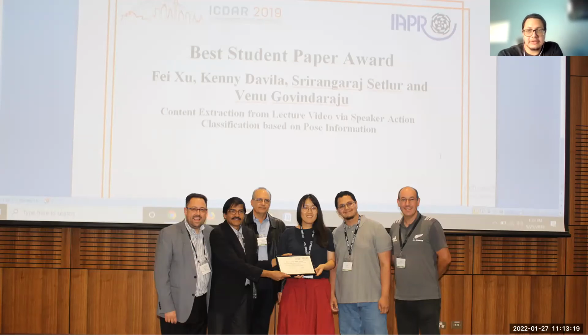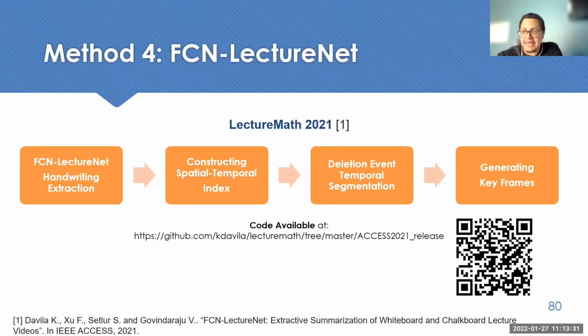So, I mean, it's good, but like I mentioned, the problem is if the speaker is not deleting or even writing stuff on the image, then it can get troublesome. So that's how our last approach came to be, right? This time using the FCN-LectureNet to do the content extraction, which as I showed you, can do a good job in terms of removing the speaker directly from the image and other background elements and just getting the content.